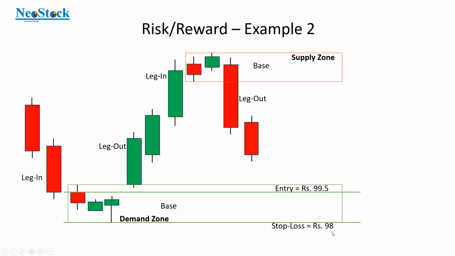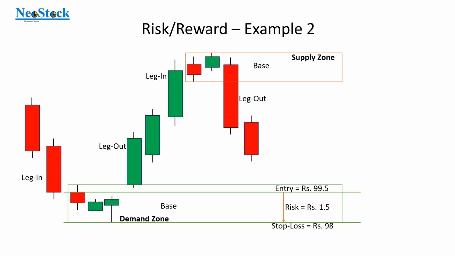That is 99.5 minus 98, that is your risk equals to rupees 1.5. So now if I am taking 1000 shares, what is going to be my risk? It is now 1500. Earlier it was 2000 rupees. Now it is only 1500 rupees.